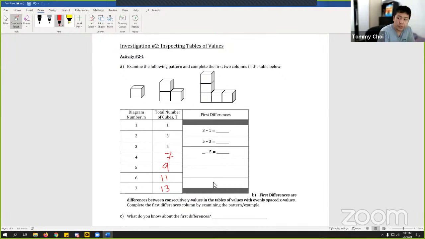Now, the first differences is a little bit interesting. The word difference in math, you should know by now, we've used it before, is subtraction, right? It's the answer to a subtraction. And the reason why we call it first differences is because we're subtracting for the first time, and we are subtracting the y values.